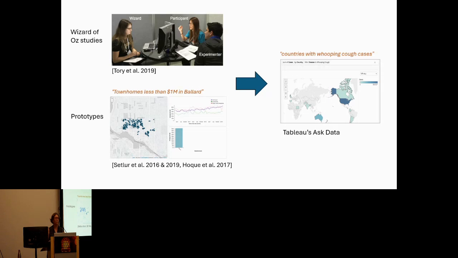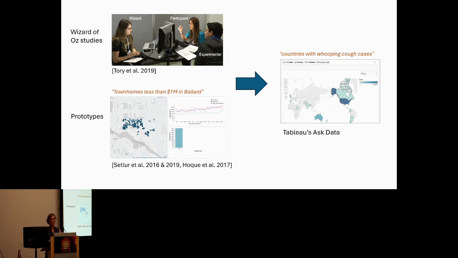And the one that I've been working in for quite some time is natural language as a means of interacting with your data. Even back as early as 2010 or 2011, I had done a Wizard of Oz study where we had people describe the question that they wanted an answer to, and then we had a wizard in another room who would build the visualization and then show it to them.